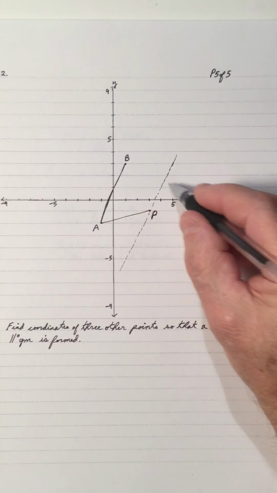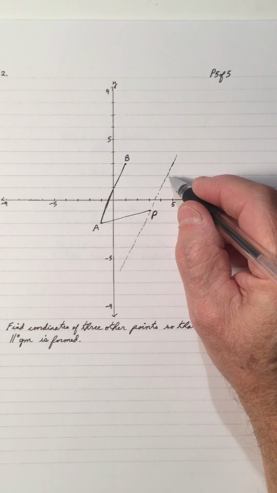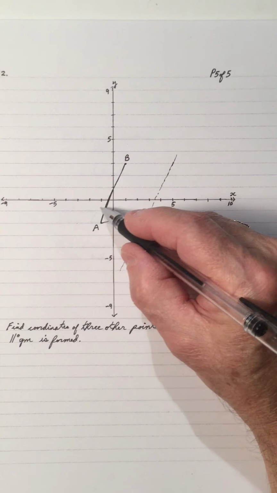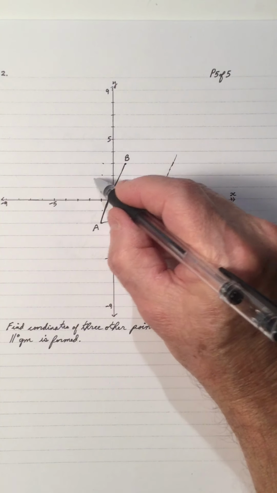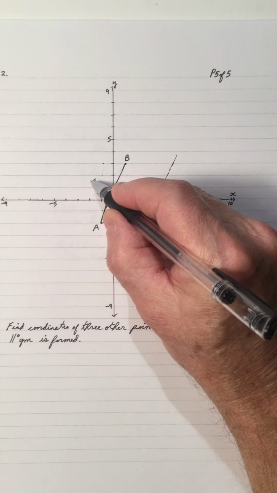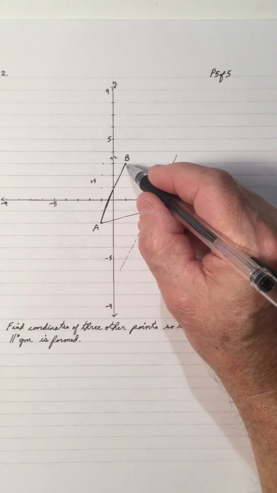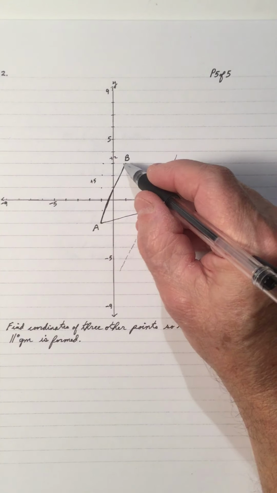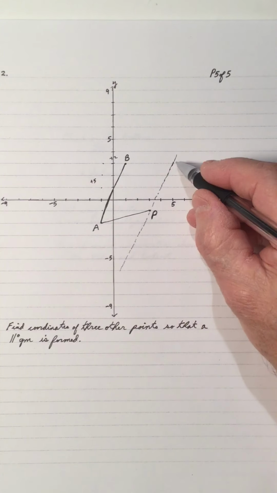So these 2 lines are parallel to each other because the parallelogram has opposite sides parallel. So the slope of this line right here is 1, 2, 3, 4, 5. That's a plus 5 and 1, 2. So it's a plus 2. So if the slope of this line is up 5 over 2, that means the slope of this line must be 5 over 2.